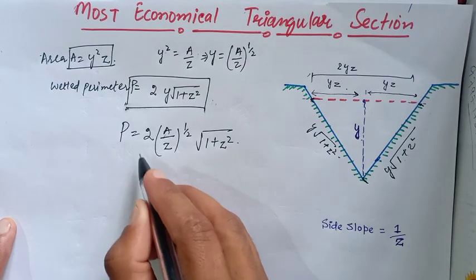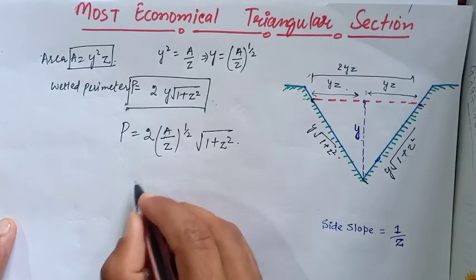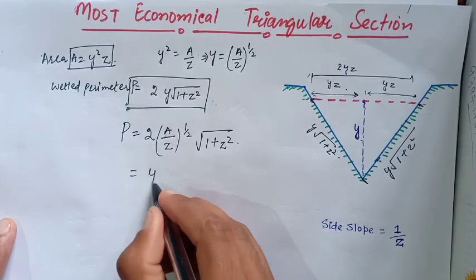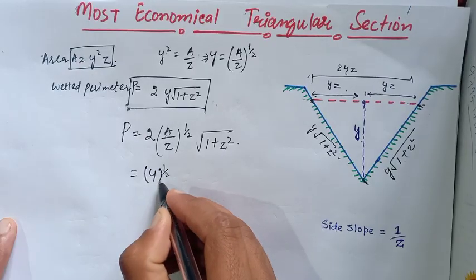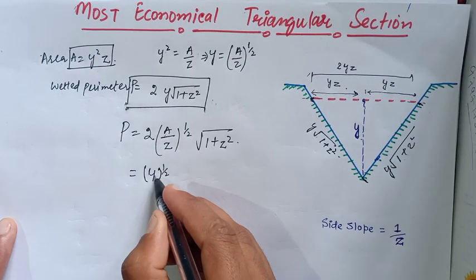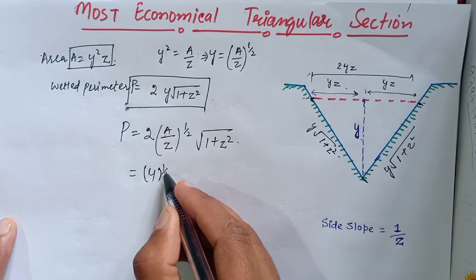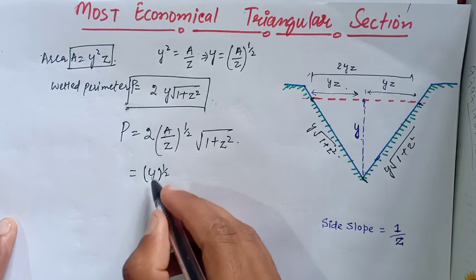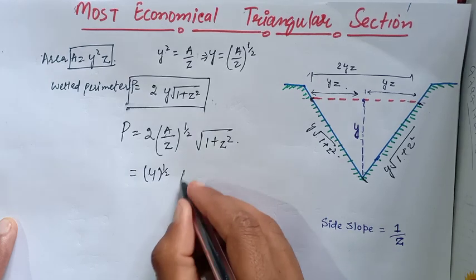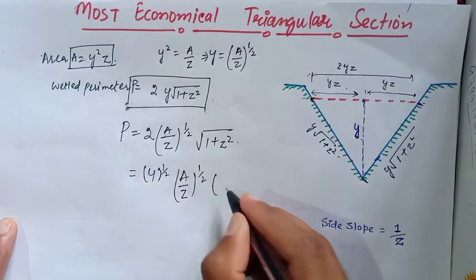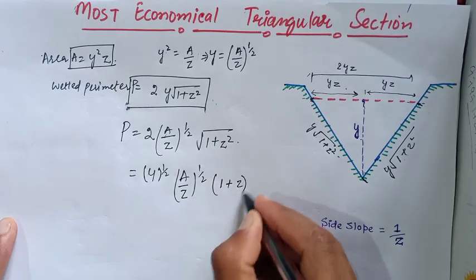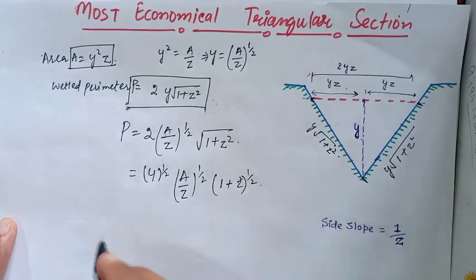Now we can make this 2 as 4 raised to power 1 by 2, because 2 is the square root of 4. So we have 4 raised to power 1 by 2, A by z raised to power 1 by 2, and 1 plus z square raised to power 1 by 2.